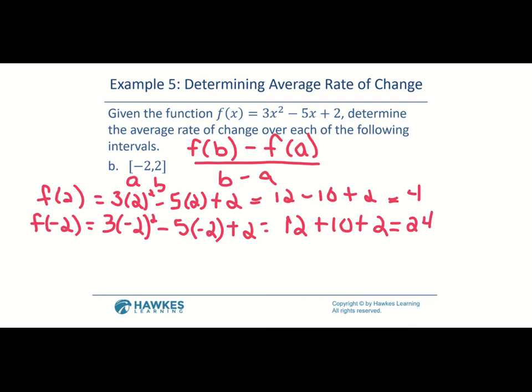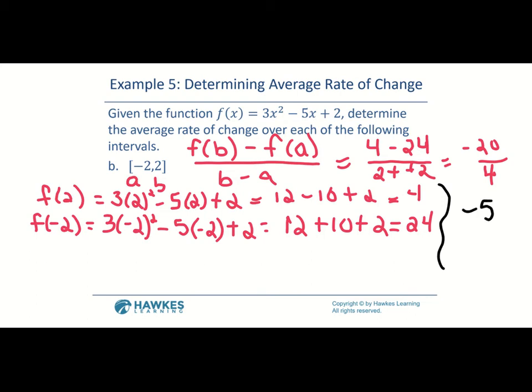And when we plug it into our equation up here, f of B was 2, so that's going to be 4 minus 24 over 2 minus -2. 4 minus 24 would be -20. And then down here, keep change opposite would give me a positive 4. So when I do -20 divided by 4, I end up with an average rate of change of -5.